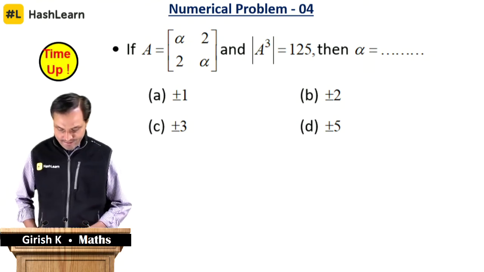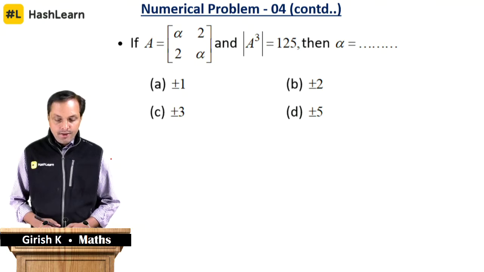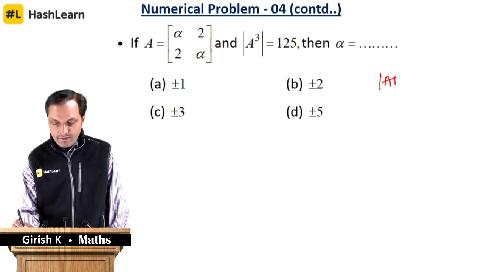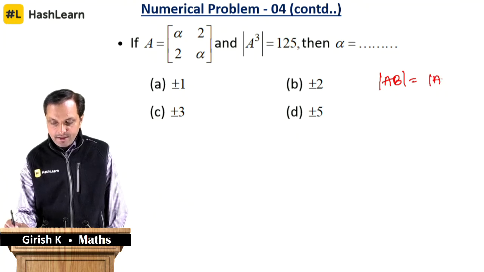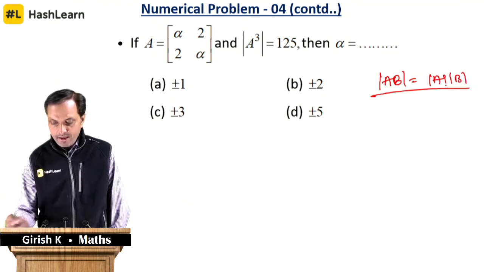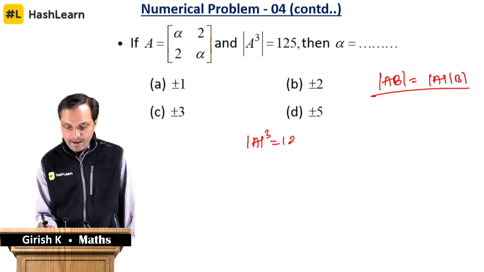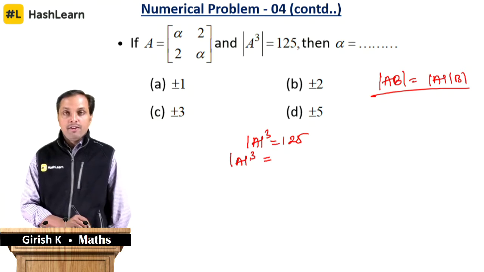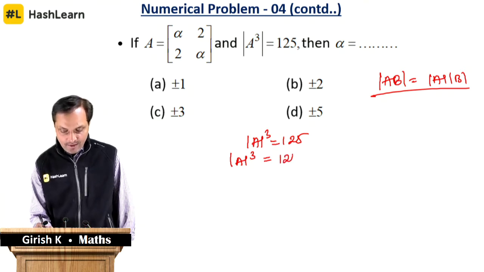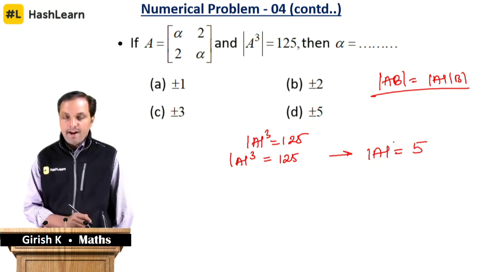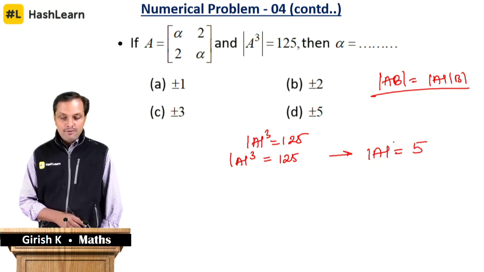Time is up. And you know that determinant of A into B can be written as determinant of A into determinant of B. Similarly, determinant of A cube is 125, means determinant of A whole power 3 is 125, means we can write determinant of A as just 5, because 5 cube is 125.